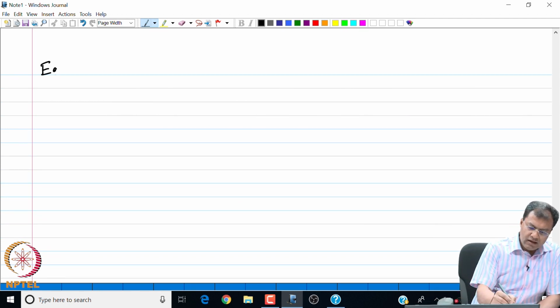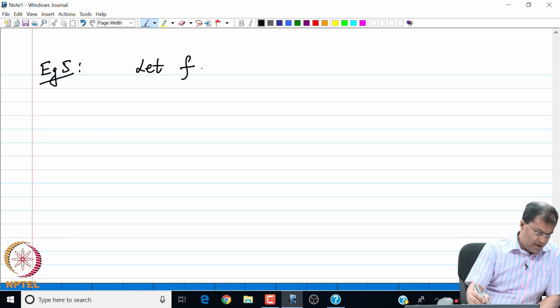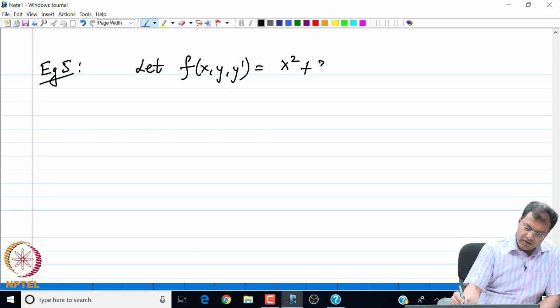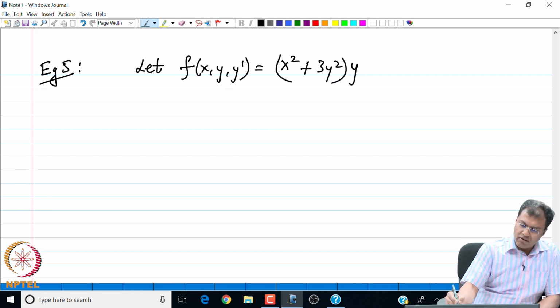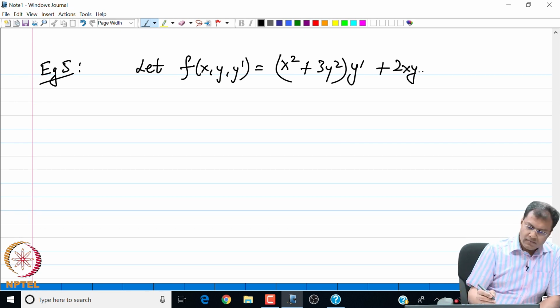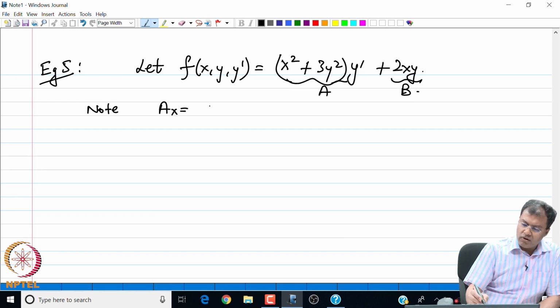So, let me call this example 5. I have that f of x, y, y prime be given by this expression: x square plus 3 y square times y prime plus 2 x y. So, note, if this is my a and this is my b, note that if I were to evaluate a x, so a x is 2x, and if I were to evaluate b y it is also 2x.